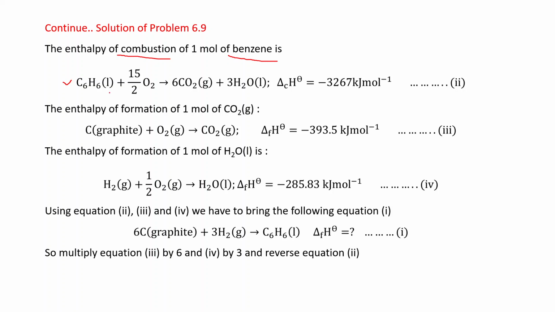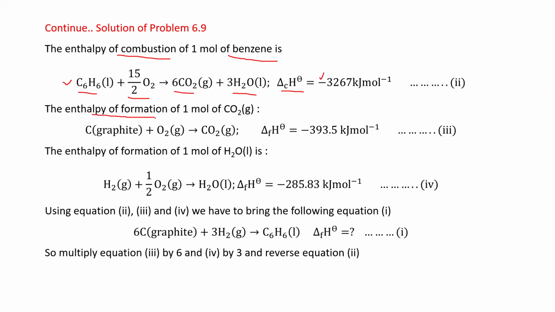Write the balanced chemical equation for combustion of 1 mole of benzene: C6H6 plus 15 by 2 O2 gives 6 CO2 plus 3 H2O, and this is the enthalpy of combustion. It is given. It is an exothermic reaction, that's why we mention this minus sign.